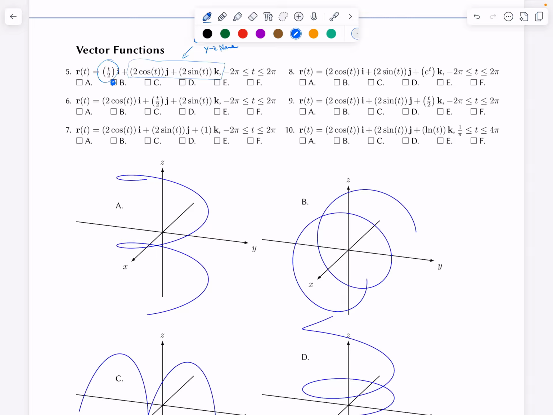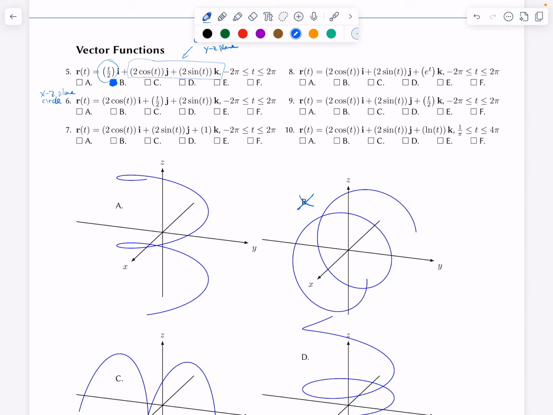So let's fill in that little bubble. And in fact, the next one for sure is going to be, I'm going to mark that off, similar. Notice that there the circular motion is in the XZ. So the XZ plane has a circle.